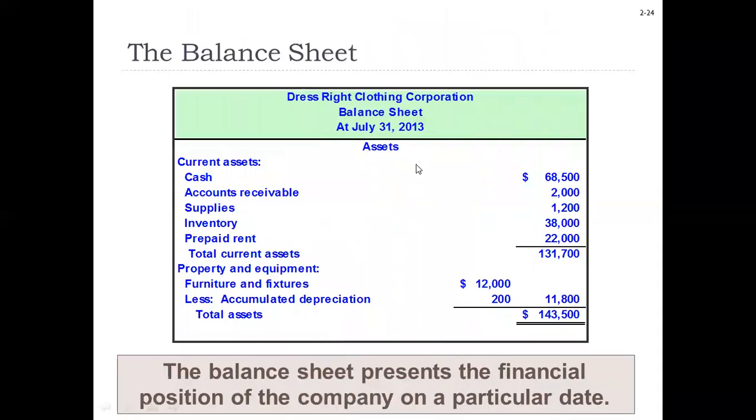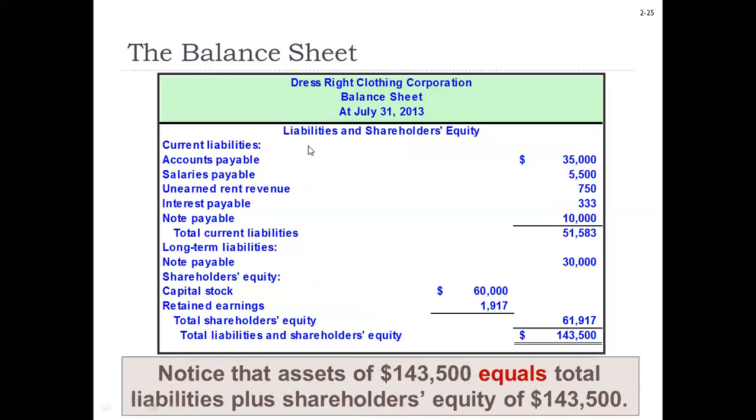Here's the balance sheet for this Dress Right Clothing Corporation. And you remember the balance sheet is at any particular point in time, so the end of the year, you list your assets. Again, these come from the adjusted trial balance. And the liabilities and shareholders' equity.